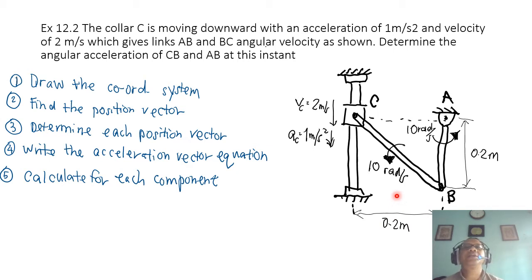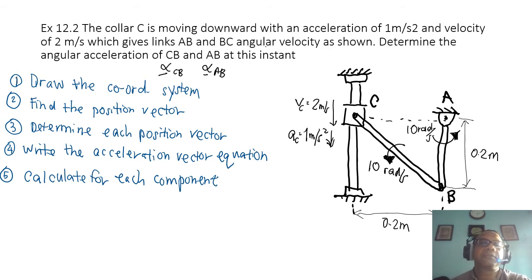The question is to determine the angular acceleration of CB and AB at this instance. We want to find alpha AB and alpha CB. So let me write it down here. So how do we approach this problem?